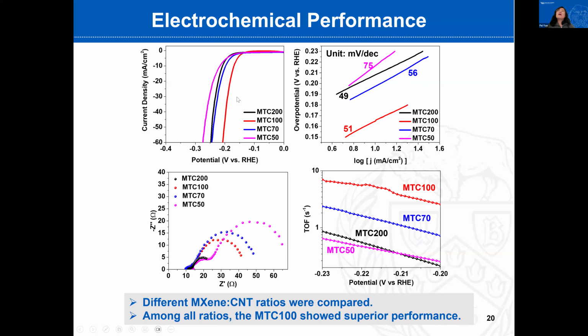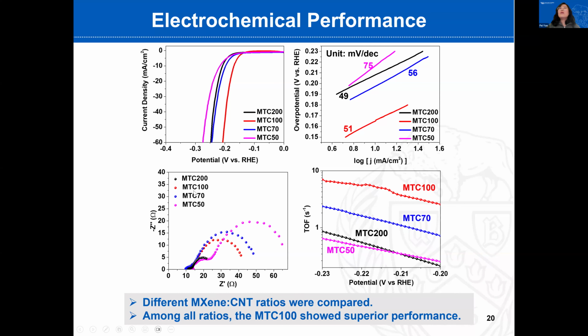But the overpotential as well as the turnover frequency is not as good as the MTC 100. What does that mean? So it means that if we increase the CNT content, certainly we can improve the conductivity of the overall network, and promote the charge transfer at the interface between catalyst and electrolyte.